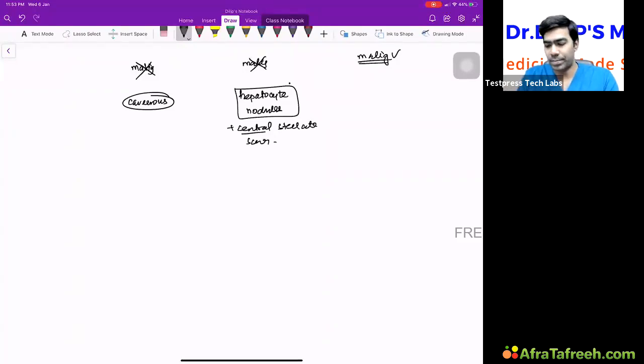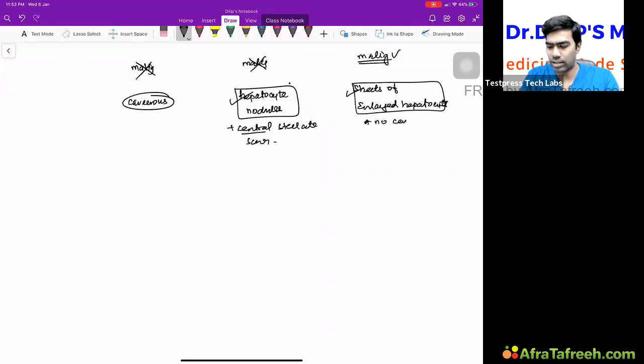As far as the hepatic adenoma is concerned, there will be sheets of hepatocytes or cords of hepatocytes. That's what we'll see. These are sheets of enlarged hepatocytes. And there will be no central scar. So how to differentiate from FNH? Because here also you'll have enlarged hepatocytes, but how will you differentiate?